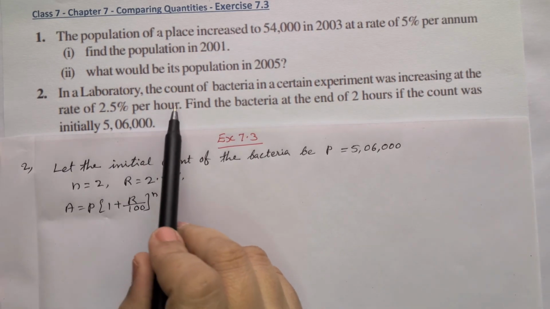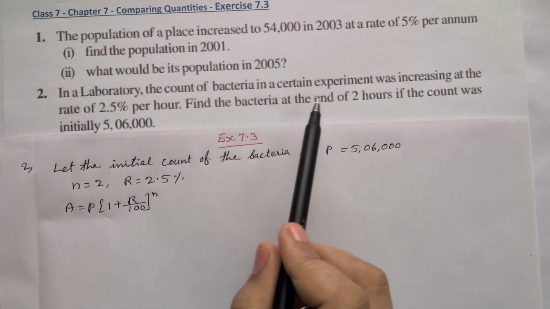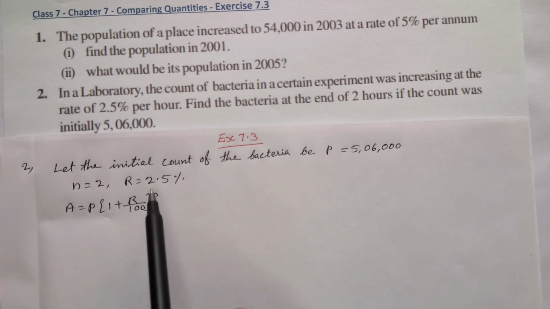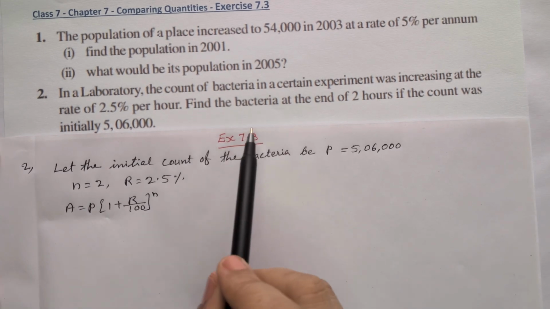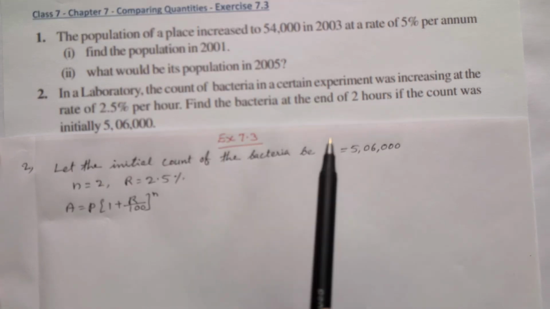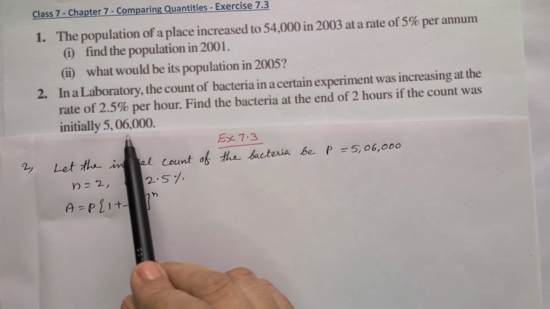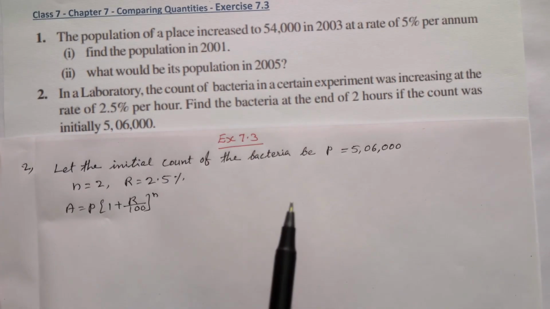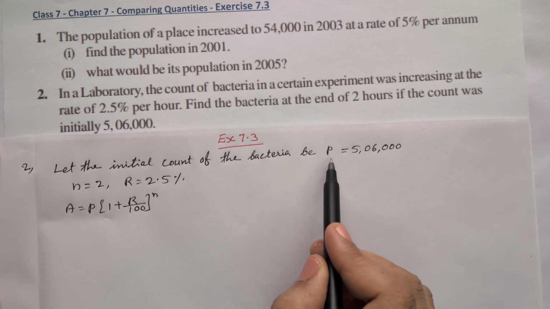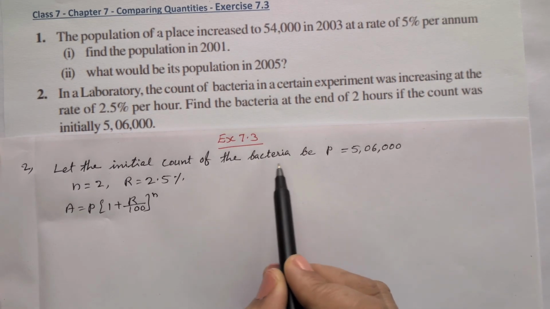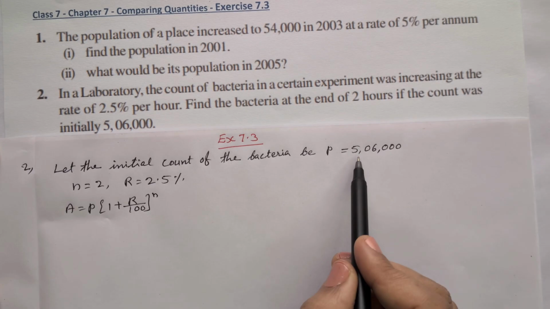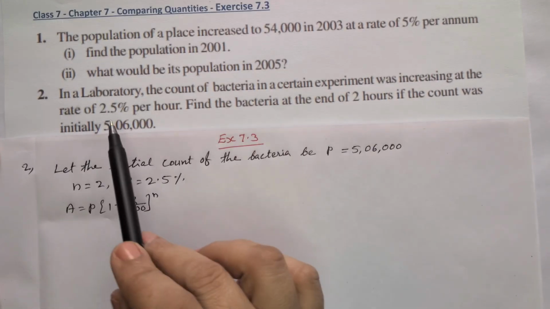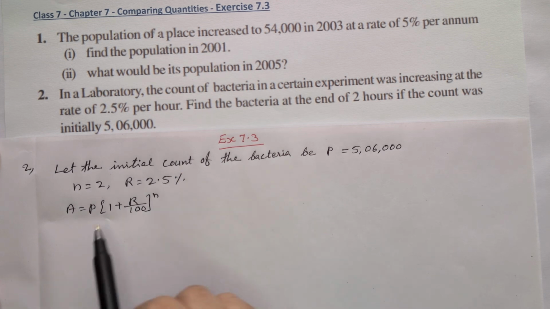Second question, in a laboratory, the count of bacteria in a certain experiment was increasing at the rate of 2.5% per hour. Find the bacteria at the end of 2 hours, if the count was initially 5,06,000. So here we can take initially, that means P. The initial count of the bacteria be P, that is 5,06,000, and N is equal to 2 and R is equal to 2.5% in the formula.